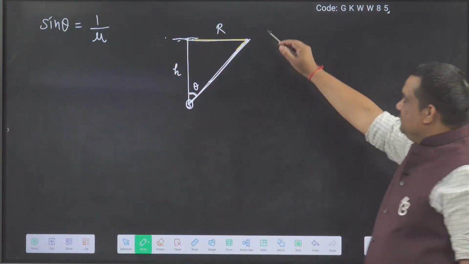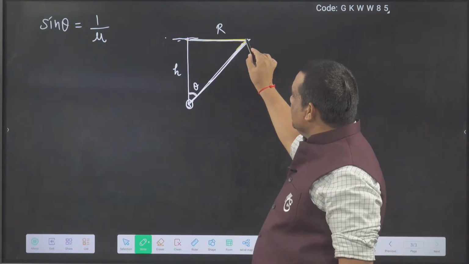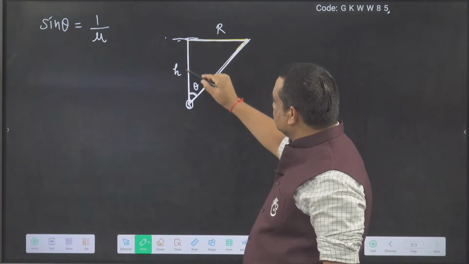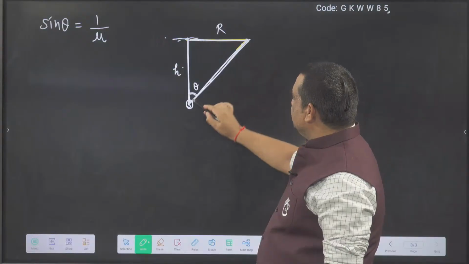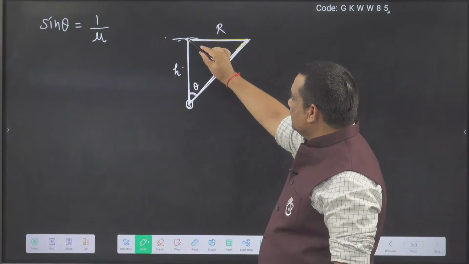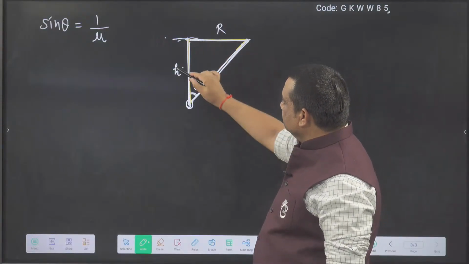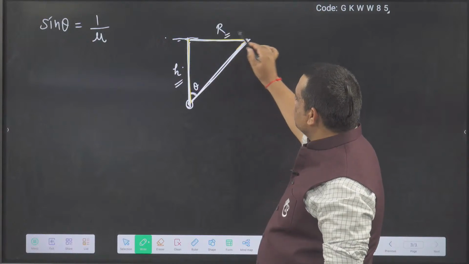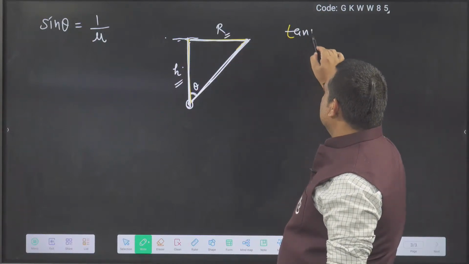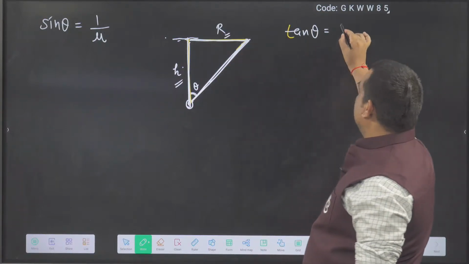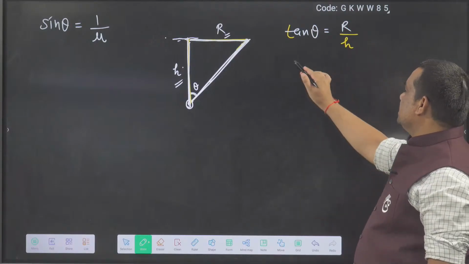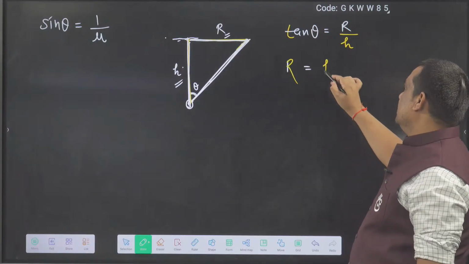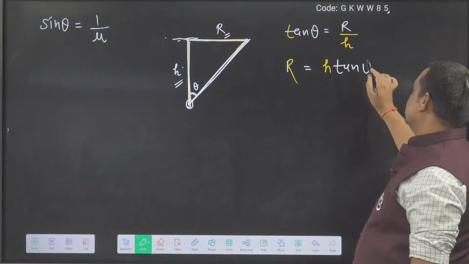Let me see. If you want this r, and only h is given, then in this one, this is given and this is asked, so I will use tan theta. So tan theta becomes r by h. Tan theta is r by h, meaning r will be equal to h tan theta.